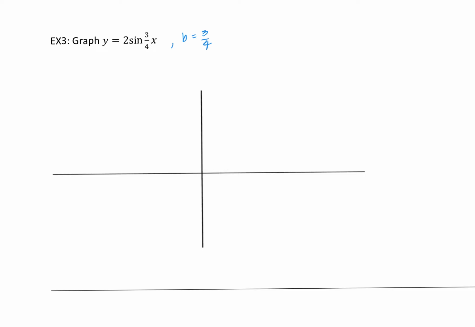That would be a change in period. My period is going to be equal to, the normal period is 2 pi, and I'm dividing it by 3/4. So that's going to be 2 pi times 4/3, which would give me 8 pi over 3. And I also see that this 2 on the outside, that would be my amplitude, is equal to 2.